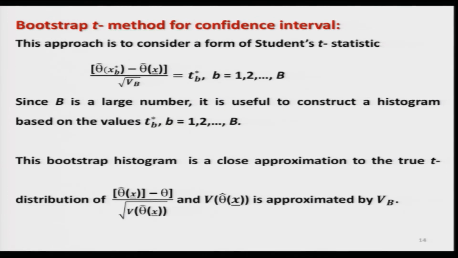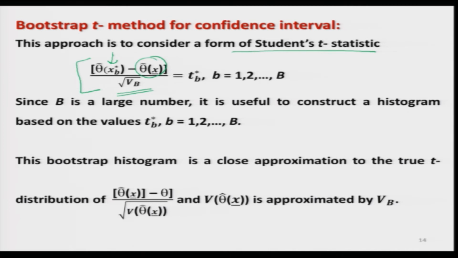Now, how to do it? Let me show you here. In this approach we consider the form of the student t statistic. This is the value of the bootstrap estimator which we obtain in every bootstrap sample, and then I construct the statistic theta hat x b star, which is from the bth sample, minus theta hat x, divided by the bootstrap standard error of the statistic.